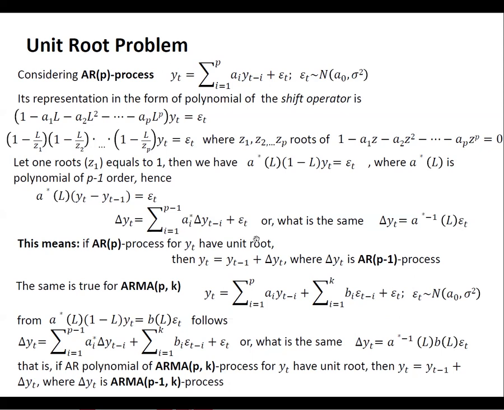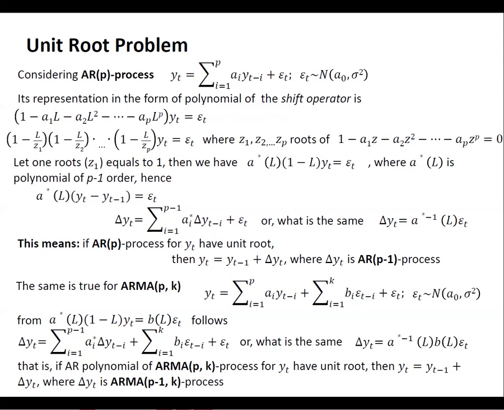That is, this is the result: if the autoregressive process for y_t has a unit root, then the process itself is formed as y_t equals y_t minus 1 plus delta y, that is, an autoregression from the first differences.